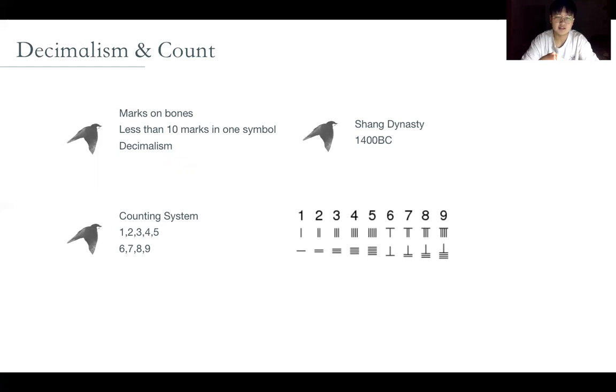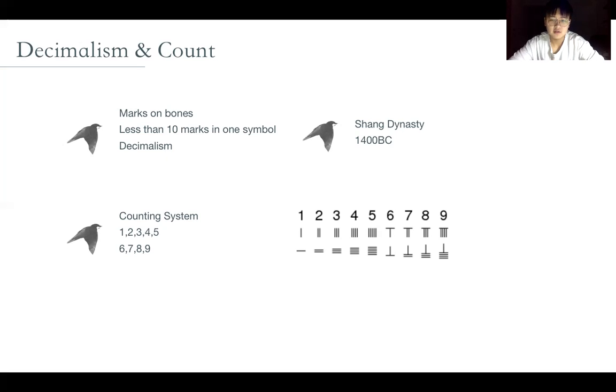it's tightly connected with the counting system in ancient China because, as we can see in the picture on the right bottom, for numbers 1, 2, 3, 4, 5, people use 1 or 2 or 3 or 4 or 5 lines to indicate those numbers.